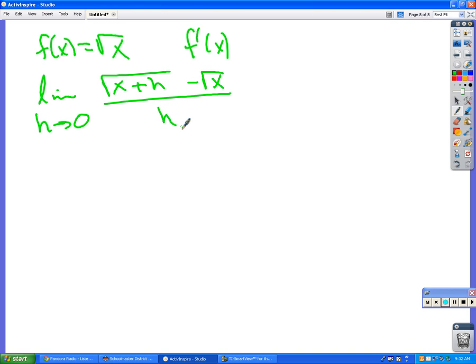Okay? So in order to find that limit, what do I have to do? Is that h under the root too? Yes, the h is under the root because I'm plugging x plus h in for the whole thing. Okay? What do I do to evaluate this limit? Conjugate?